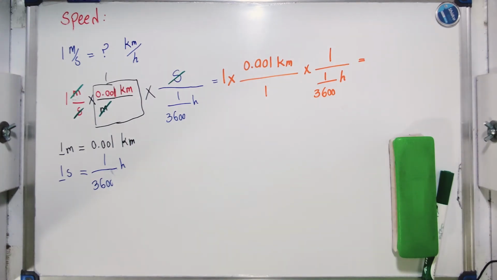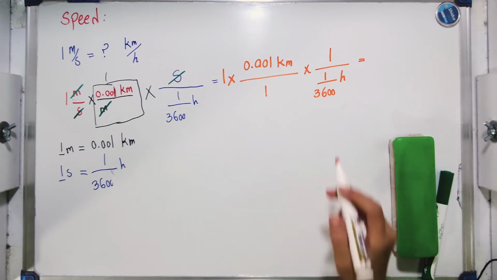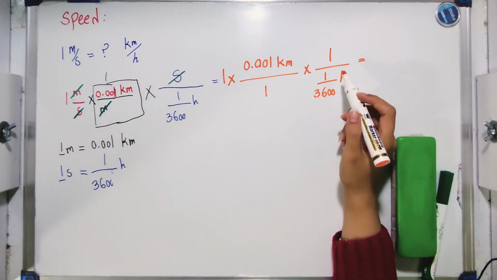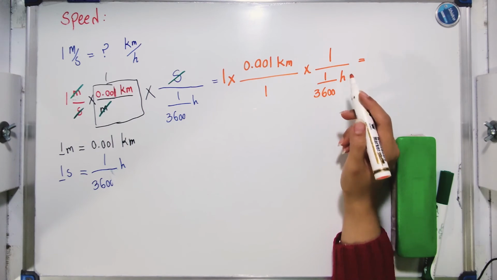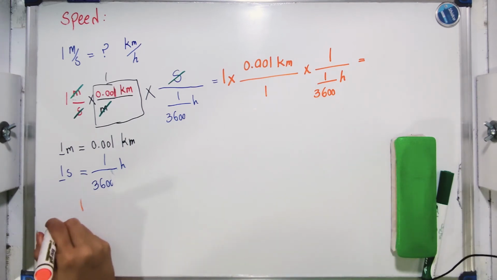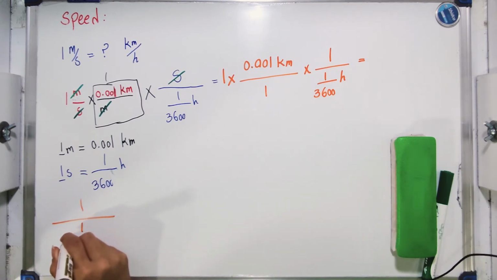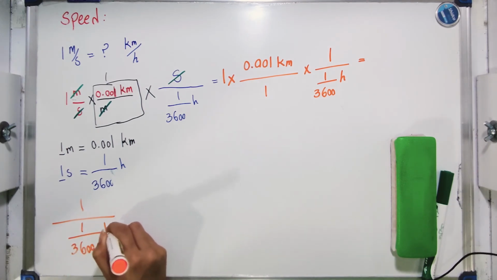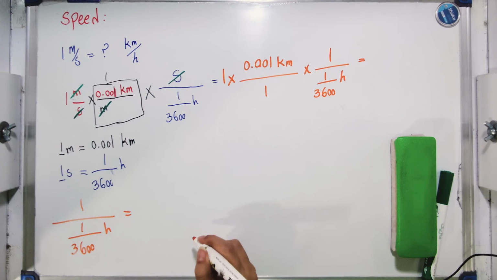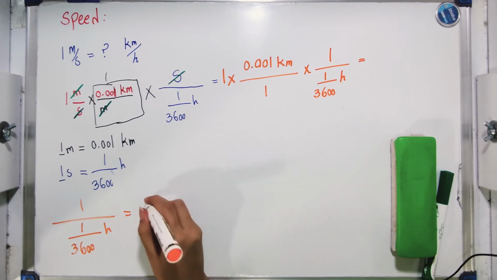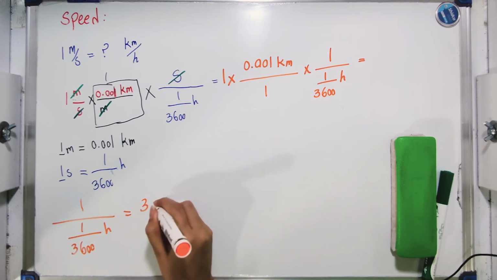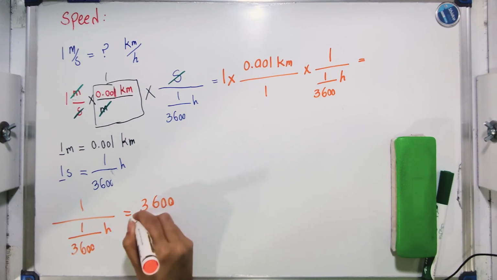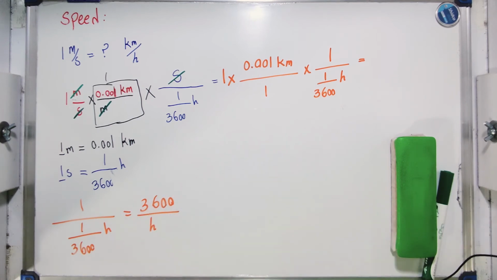So instead of this fraction, actually, I can write instead of 1 over 3,600 hours, I can write 3,600 over hours.